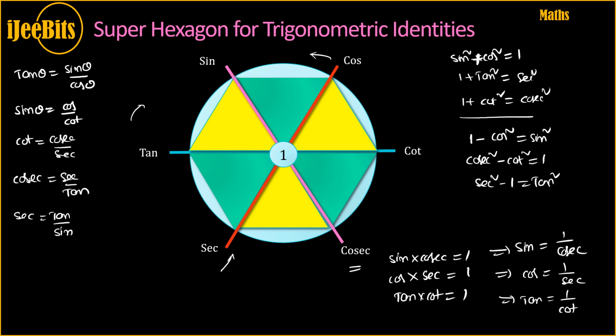Vice versa means cosecant equal to 1 by sine, and secant equal to 1 by cos, and cot means 1 by tan, right? You can write all the relationships with the help of this super hexagon. Isn't it a magic for us to understand and remember things easily?